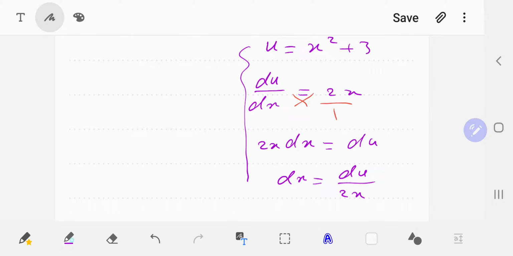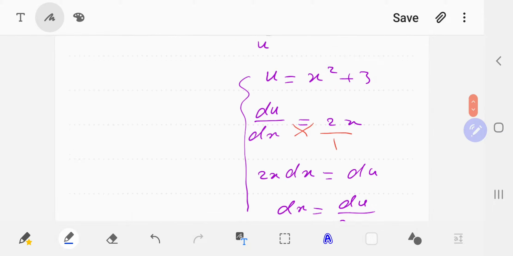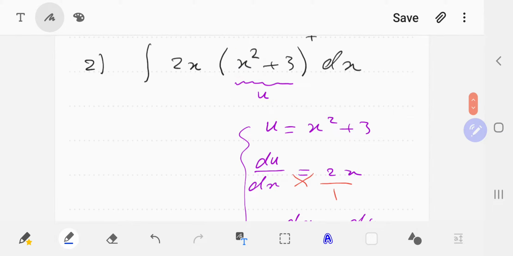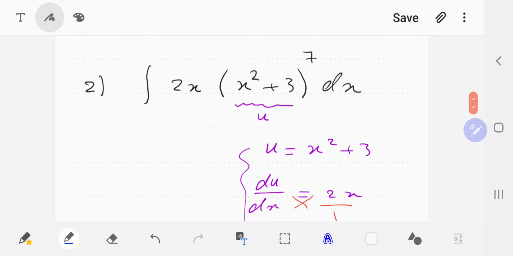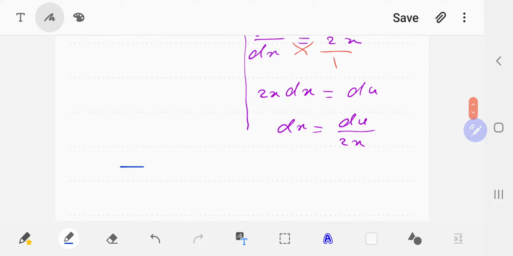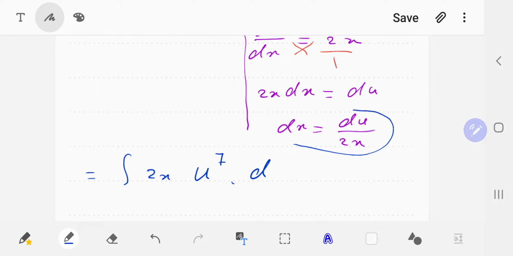Have a look at this and how it would change my integration. My integration is 2x times u to the power of 7 now. So it will be equal to integration of 2x times u to the power of 7 times, instead of dx, I can write du over 2x.